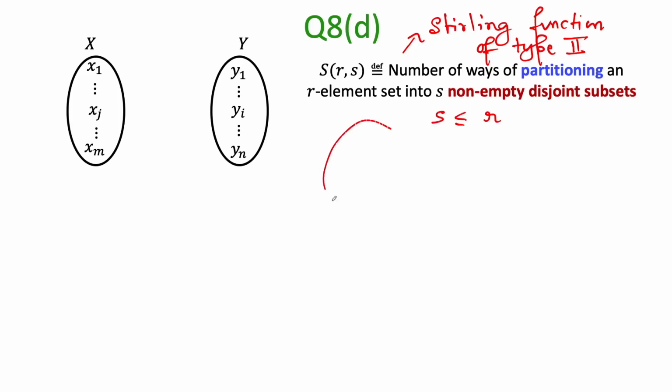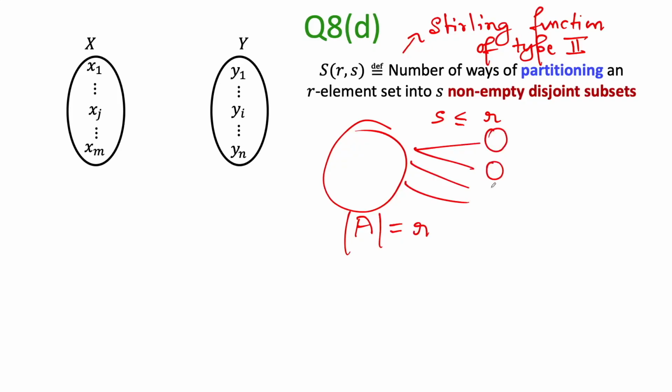So you have a bigger set, call it A, whose cardinality is r, and we want to find out how many ways I can split this bigger set into s pairwise disjoint subsets, such that their union gives back the original set.